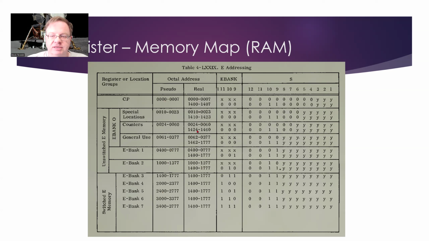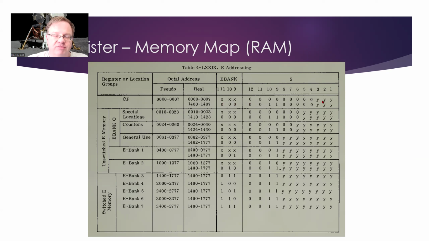So from address 0 up to 7, regardless of what the contents of the E-bank are, or if the E-bank is set to 0, we can access these 3 bits or 8 addresses.